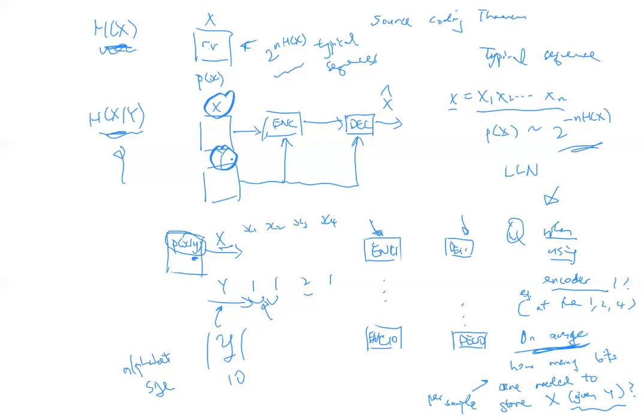So in this particular example here, that's basically at time instant 1, 2, and 4. We receive a y equal to 1, right? So therefore we use encoder 1, right?